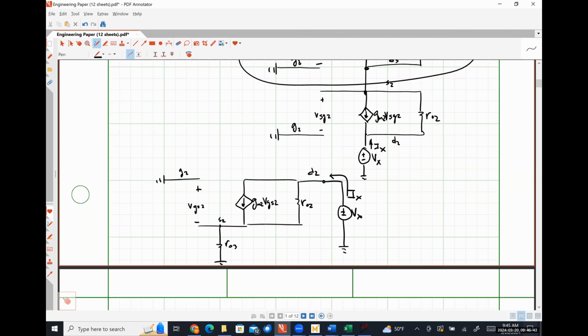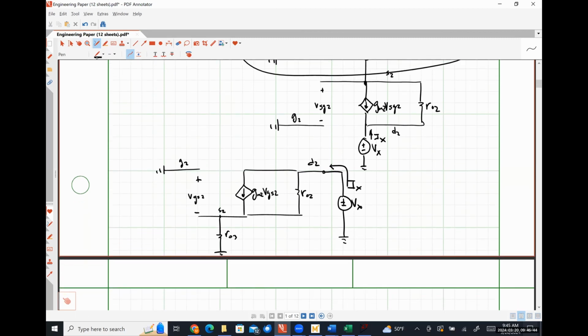Okay. So I wanted to find my resistance here. I'm going to call this current IX minus GM2 VSG2. That should have a subscript 2 as well. Right? So that's just from doing Kirchhoff's current law.